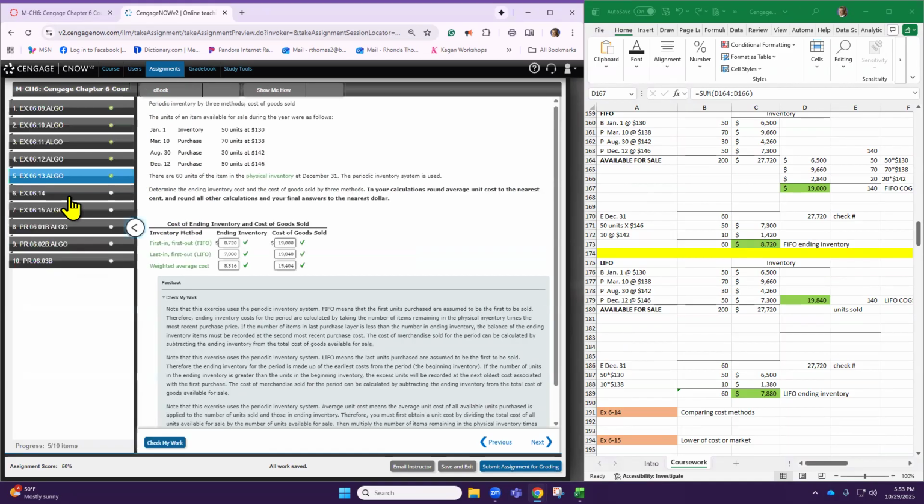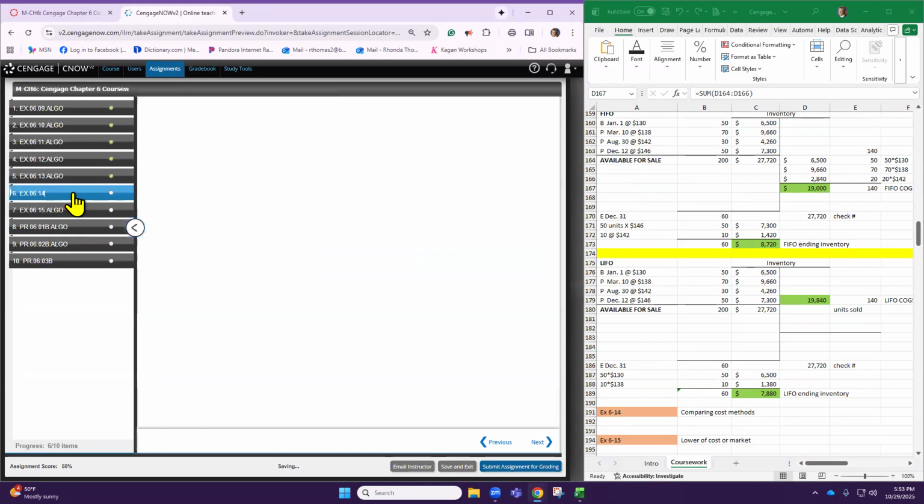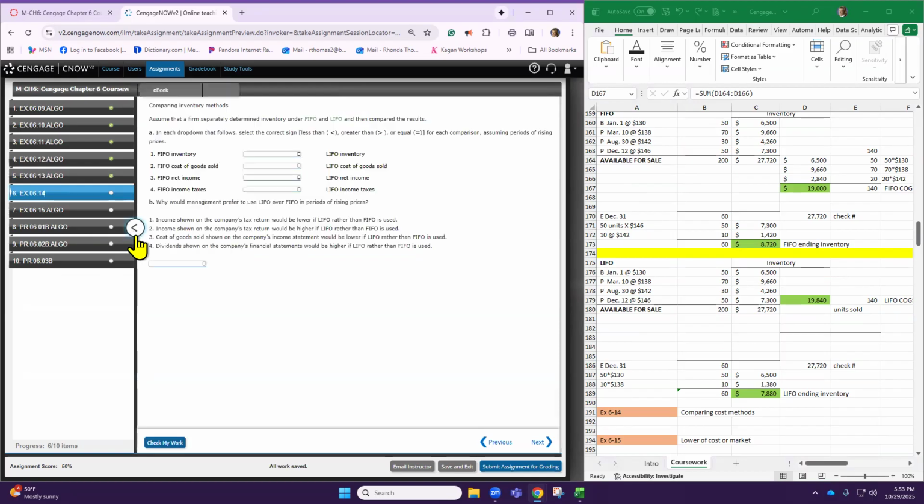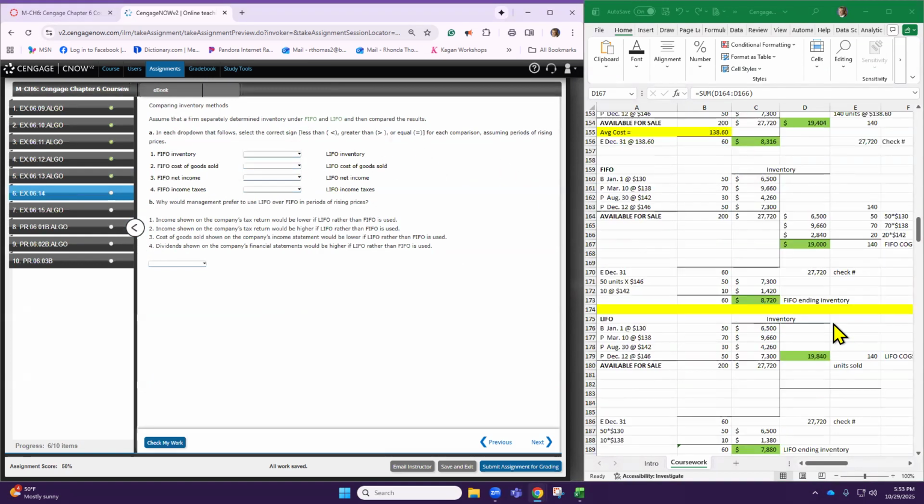Okay, now we're going to try to make sense here a little bit of each of these methods, right? So let's try to walk this out. All right, FIFO inventory, first costs in, first costs out. So in each drop down, select the correct sign for each comparison. So let's go back.